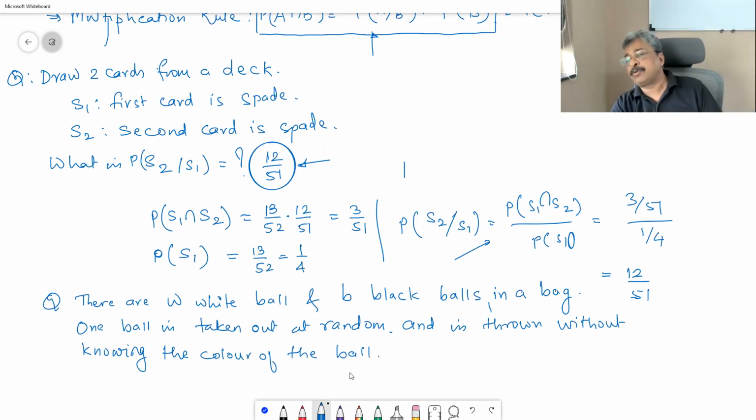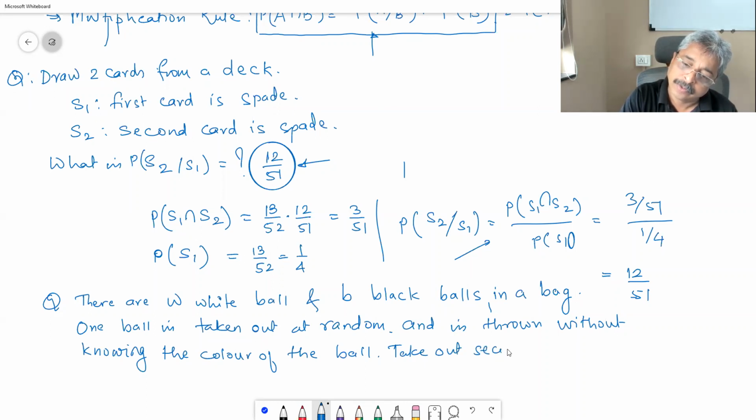Okay, you just take out once, close your eyes, take out one ball and throw. You don't know what that color was. And then take out a second ball. What is the probability that the second ball is black?